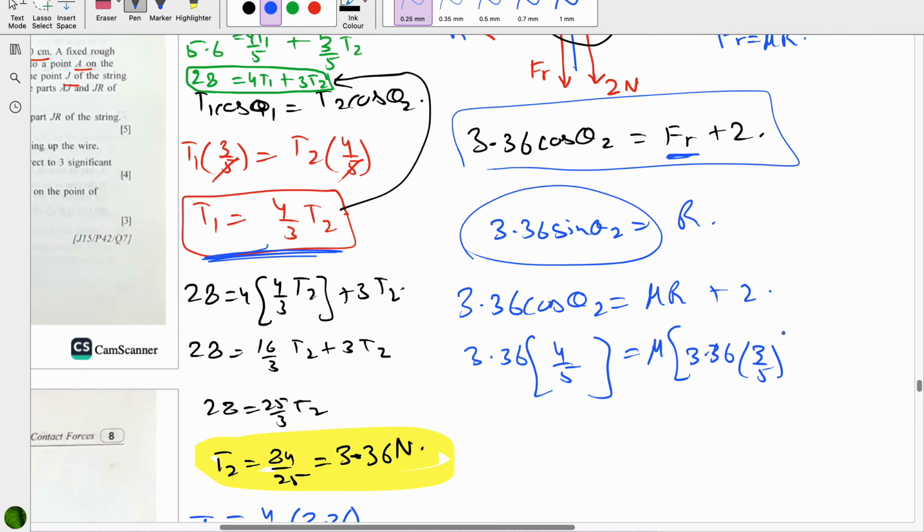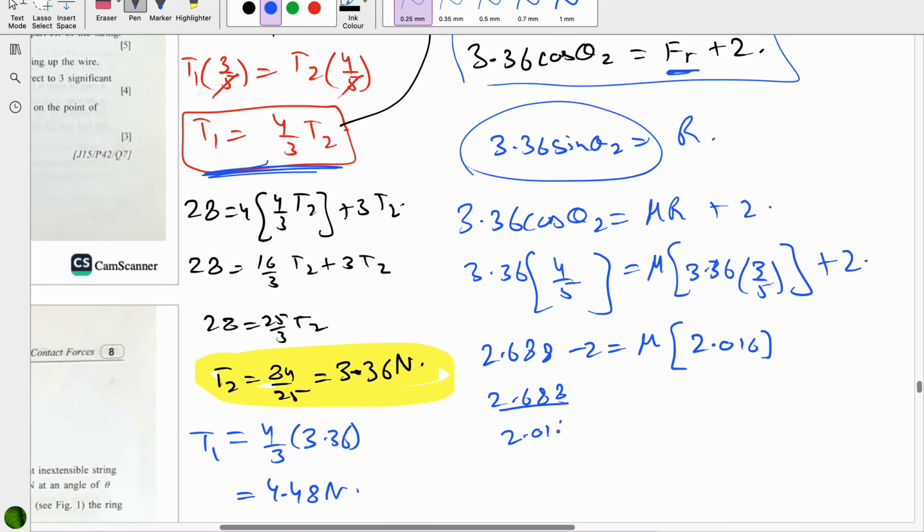Are you following with me? Plus 2. 3.36 times 4 by 5. Simplifying this, 2.688 minus 2 is equal to mu, and 3.36 times 3 by 5 is 2.016. So 2.688 by 2.016 is mu.